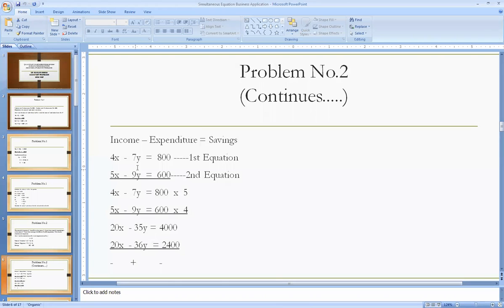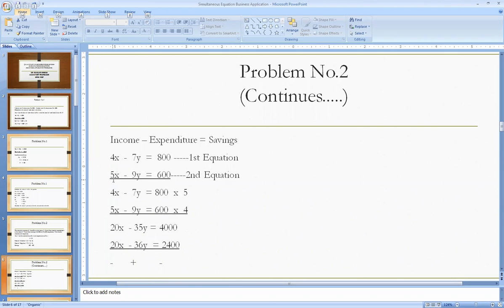In the same manner, the expenditure is in the ratio of 7:9, so we write 7y and 9y, equal to the savings value, that is person A's savings is 800 and person B's savings is 600. Now these are the values we got with the help of the equation. The first equation is 4x minus 7y equals 800, and the second equation is 5x minus 9y equals 600.